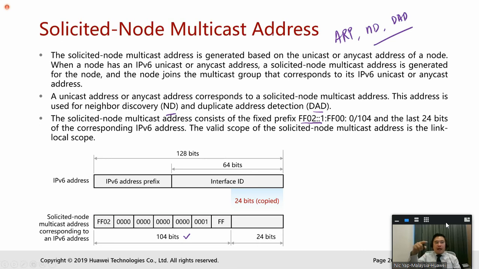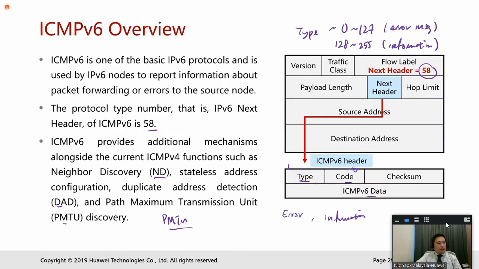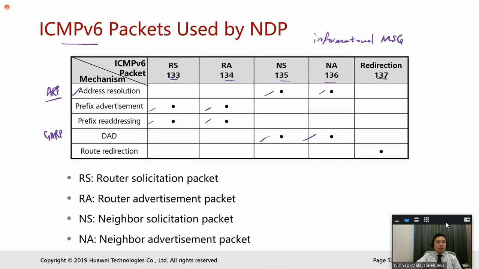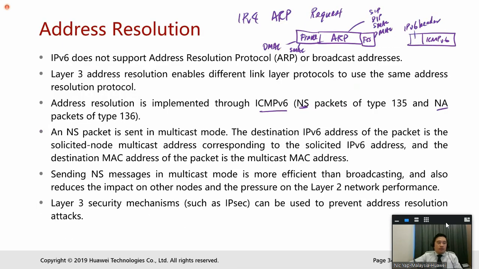Only whoever enables this can receive it. They use the 104 bits, FF02::1:FF, that is where it comes from. They use this method to send only to the dedicated user, so the group corresponds to the address to be resolved.